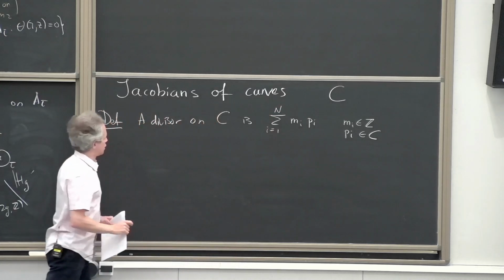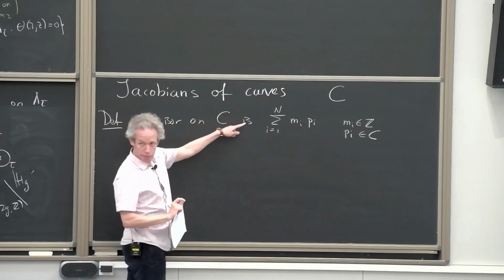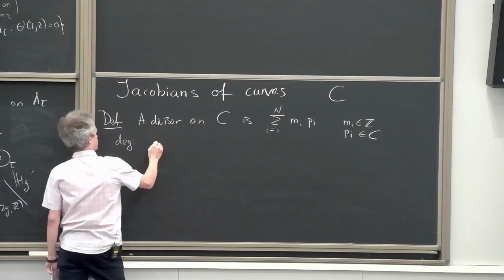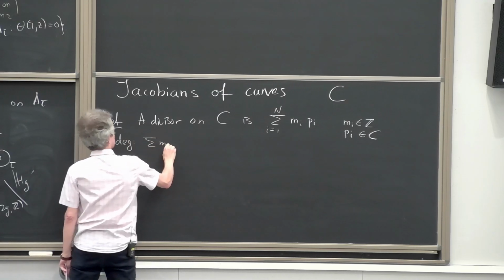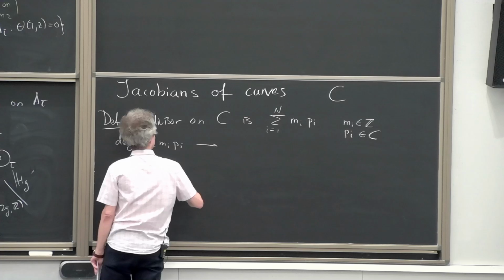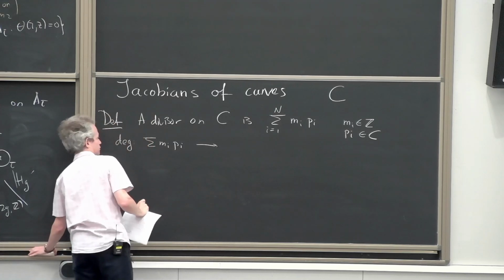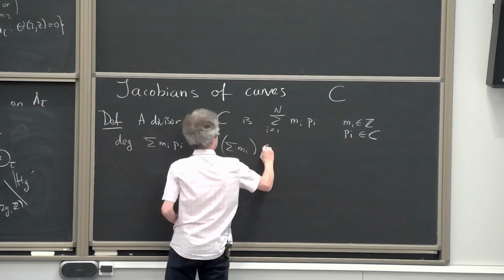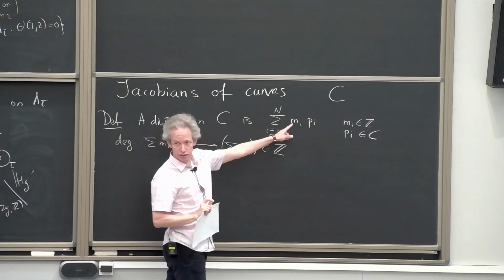The divisors on C form a group. There is a degree map from divisors to integers, which just takes the sum of all the coefficients.